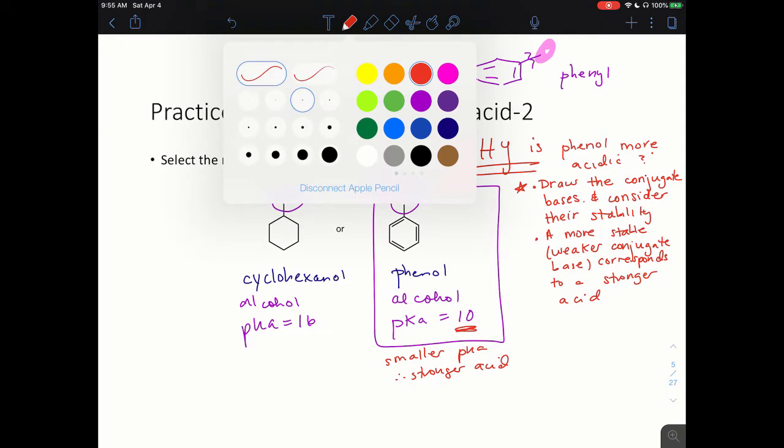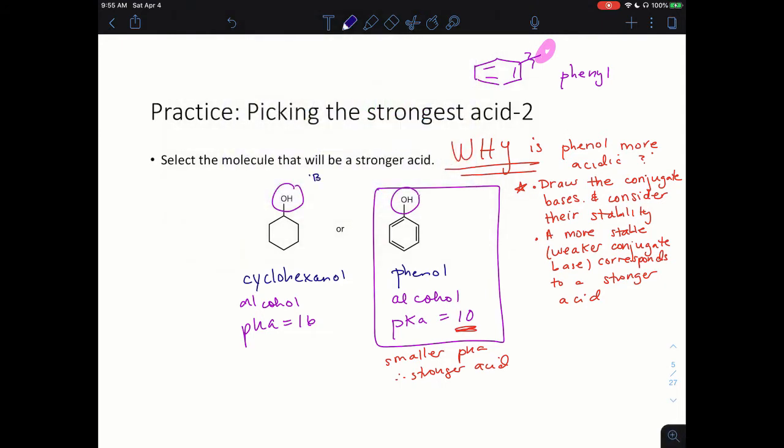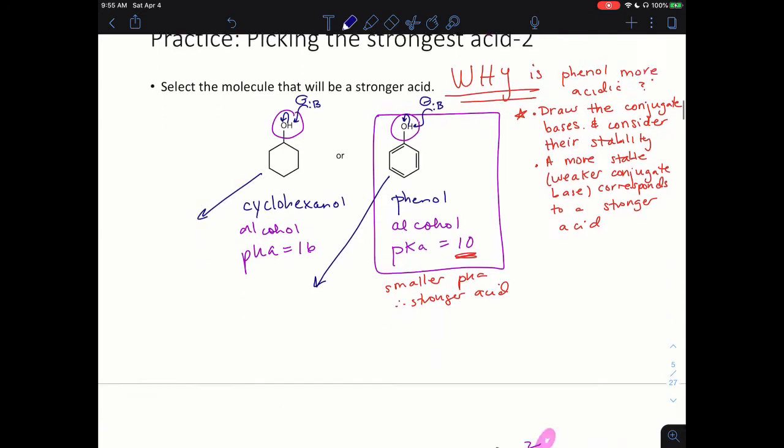So the first thing we should do is imagine that we have some strong base and it deprotonates both of our acids that we're evaluating. Okay, so it's deprotonating the most acidic proton. So go ahead, try to draw the conjugate base for each molecule.